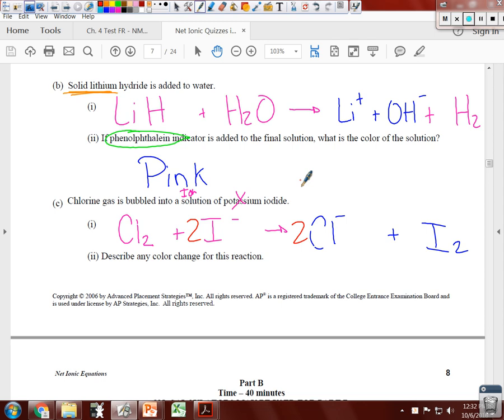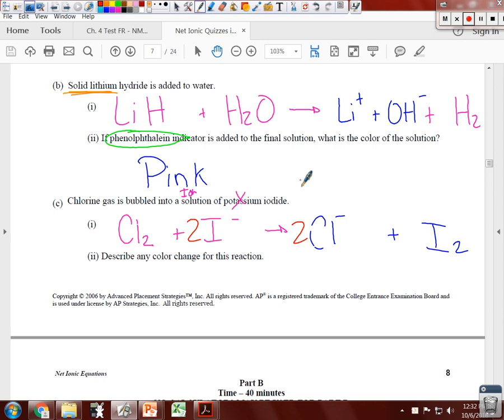Okay. So if the solution remains aqueous, it's amber. If it's a solid, and I'm going to be 100% honest with you, if it's a solid, it will turn purple. That's another thing. Iodine. Now, we talked about this yesterday. What color is iodine on the periodic table?